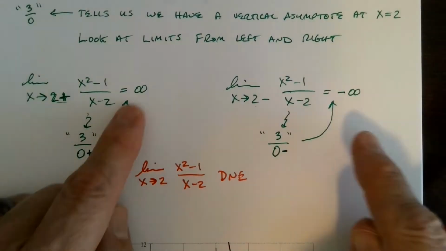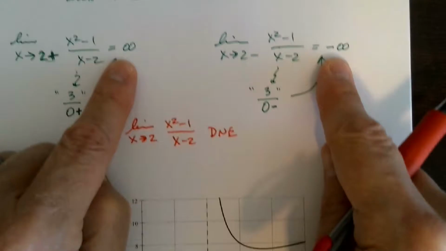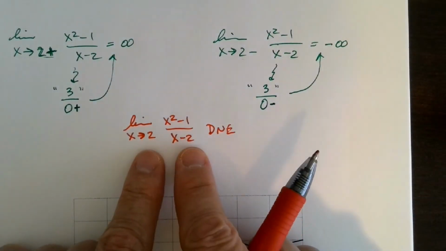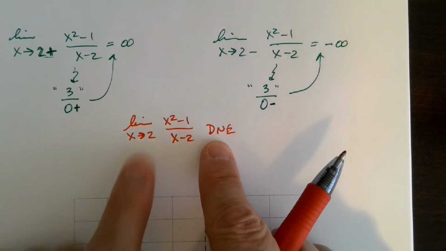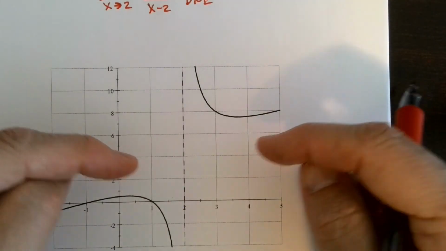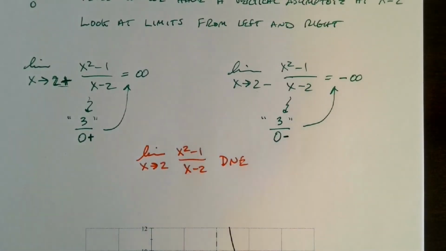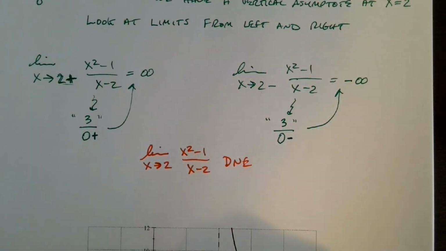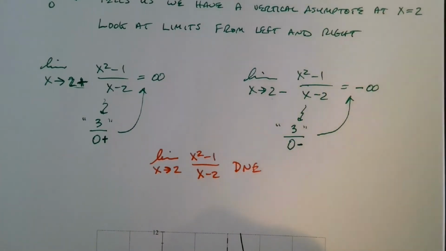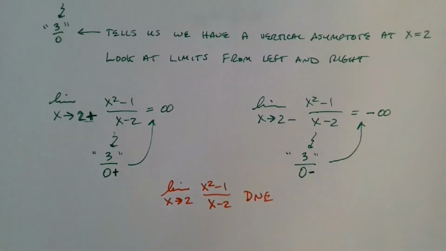The limit actually doesn't exist as a finite value from the left or from the right, but we do say the two-sided limit could be infinity or negative infinity, but that's only if what? If both sides are going to positive infinity or if both sides are going to negative infinity. Okay, but that's the way you want to analyze it the minute you get an indeterminate form that is of some non-zero number divided by 0.